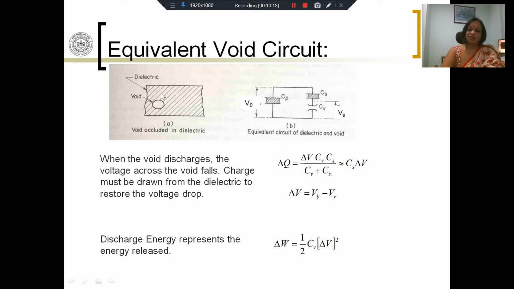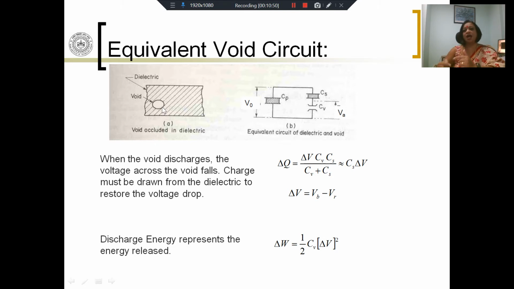This is the charge which will flow and take part in the discharge that causes the void to discharge. So let us say that some amount of charge is involved in the discharge, and that charge is neutralized when discharge happens. So the voltage across the void falls to 0, and therefore charge must be drawn from the dielectric to restore the voltage drop.